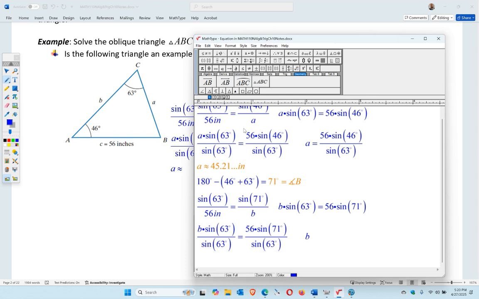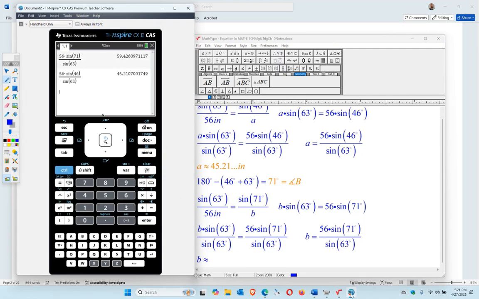So b is equal to this value here. b is approximately, I believe we already did this one, 56, 71, 63, so it's 59.426, dot, dot, dot, in inches.